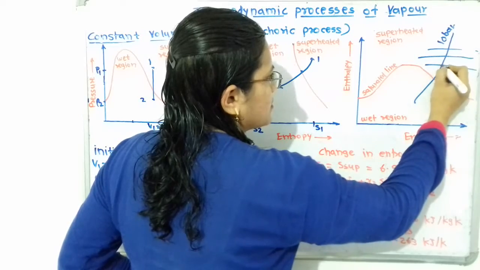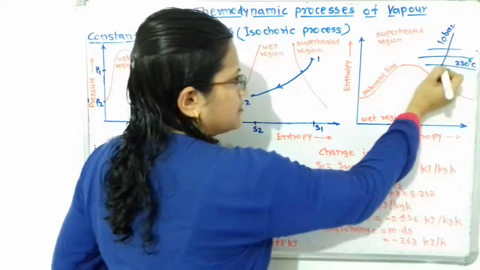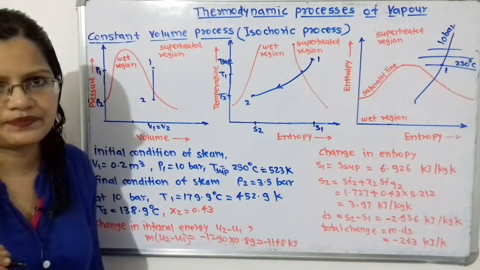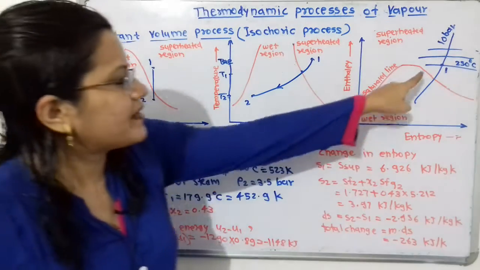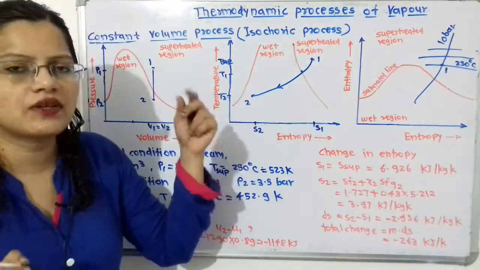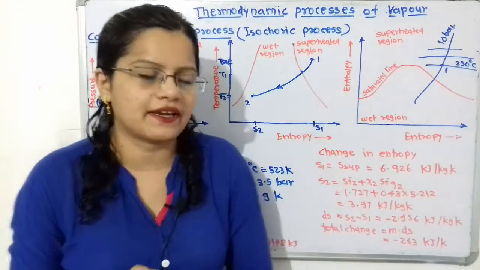Suppose here is the temperature line with 250 degrees Celsius. Then the point of intersection is point 1. This point 1 is in the superheated region, which we can easily see in the Mollier diagram, that is the enthalpy entropy diagram.